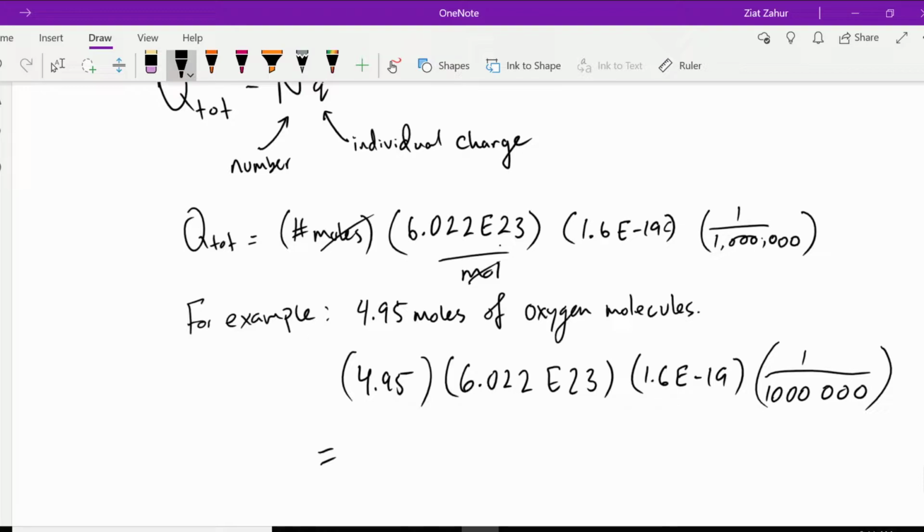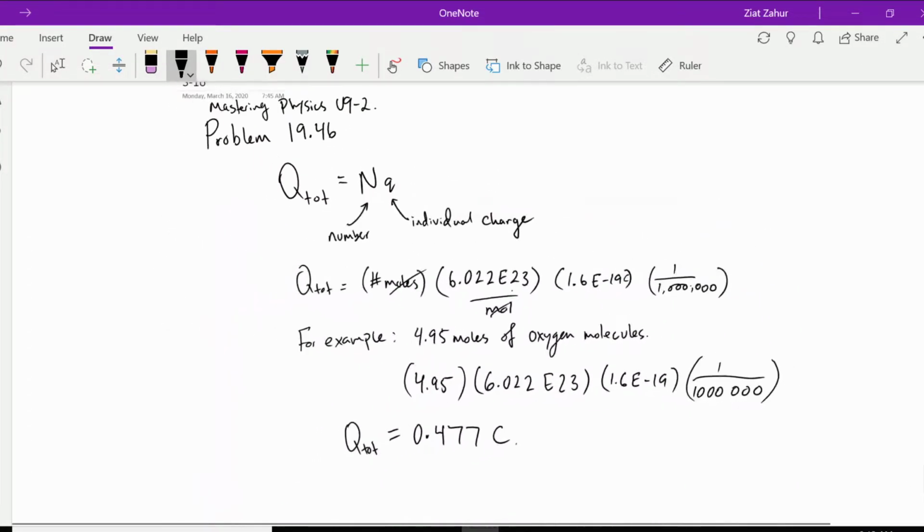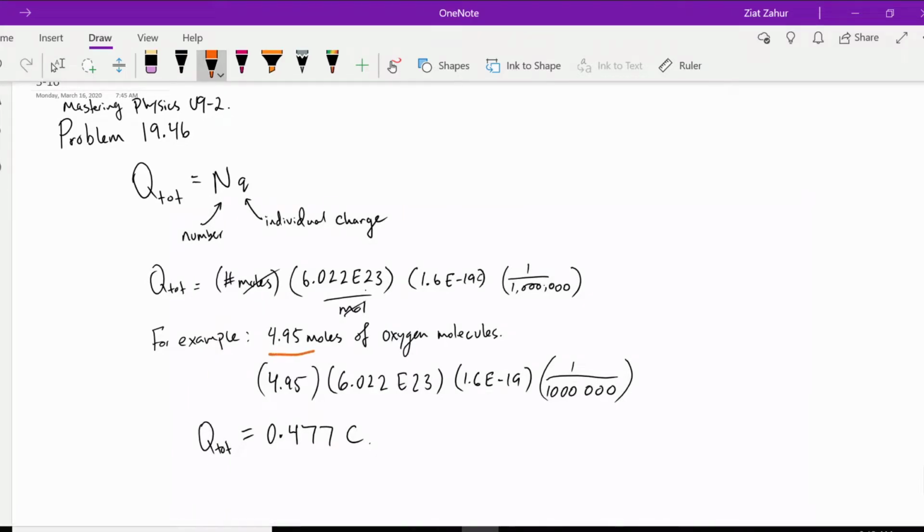Okay, so there you have it. And what do I get? I get Q total is equal to 0.477 coulombs. Okay, so that's my number. If your number of moles is different, just change the number in the front. That's about it.